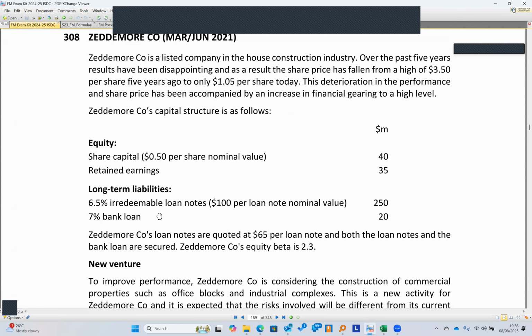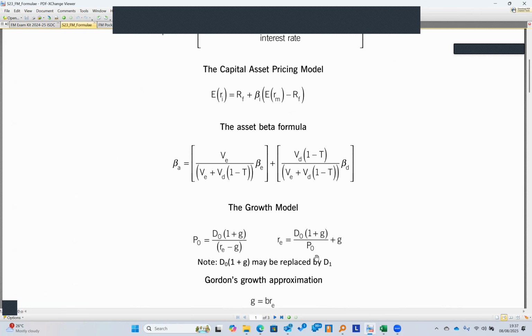Then for debt, we have redeemable notes and a bank loan. For the bank loan, like we said yesterday, usually that's the market value, 20 million. But for the loan notes, because they're redeemable, we just use the formula we saw yesterday of growth.